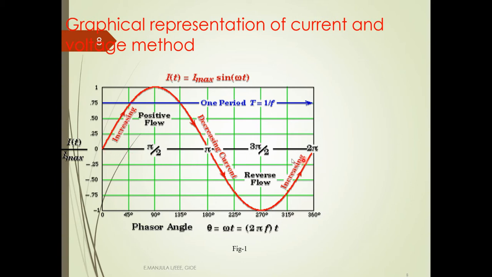In this x-axis, it is theta or omega t, that is time. And in the y-axis, it is the current or it may be the voltage also. If you observe, it is a sine wave. First it is increasing and decreasing, this is the positive half, and then decreasing and increasing, it is the negative half. This is a phasor representation.